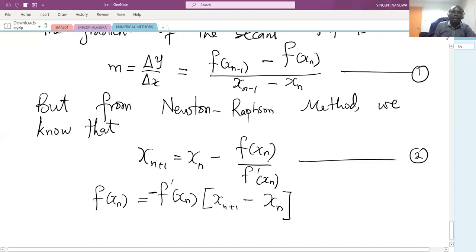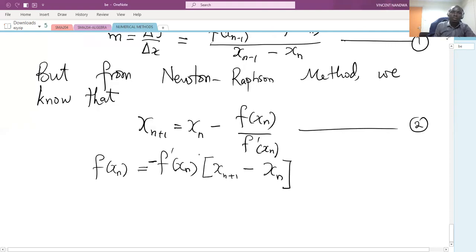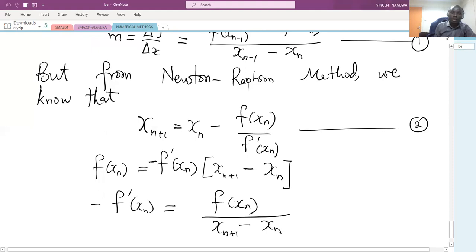So I'm simply taking this to the left-hand side, then I multiply through by f prime of xn, and then I divide through by the negative sign. That's why I have this. So the next step means that minus f prime of xn is the same as f of xn divided by xn plus 1 minus xn.